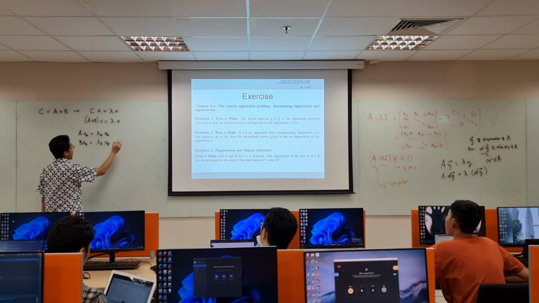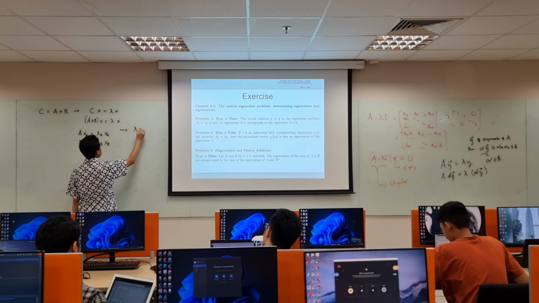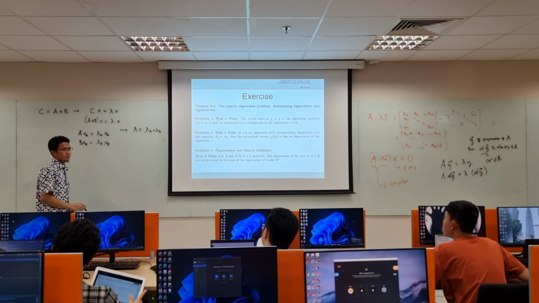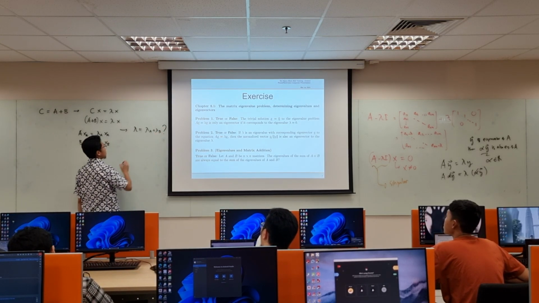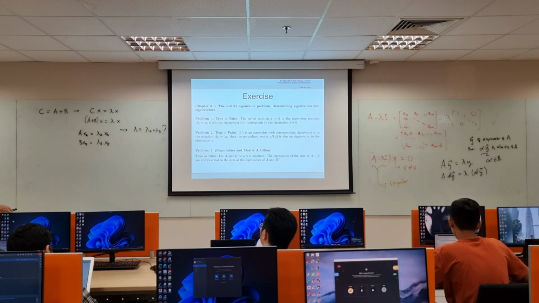So the question is, is it true that lambda is equal to lambda A plus lambda B? Is this correct or not? That's the question.